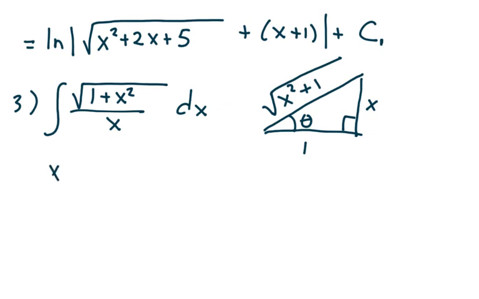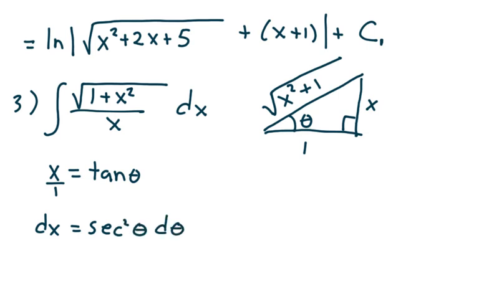So x over 1 is equal to tangent theta. dx is secant squared theta d theta. The square root of x squared plus 1 is equal to secant theta. Okay? I hope that makes sense.